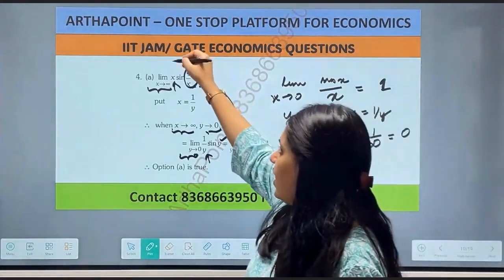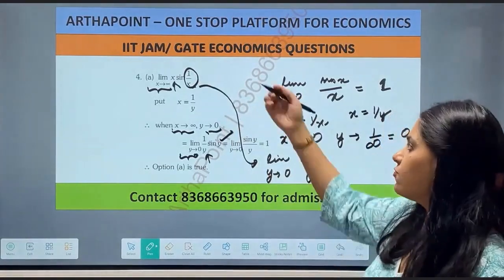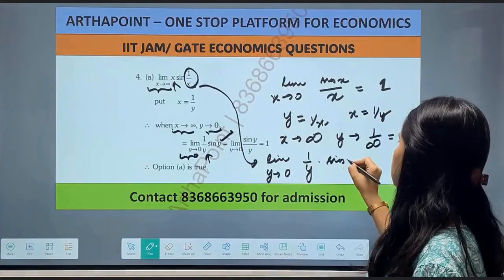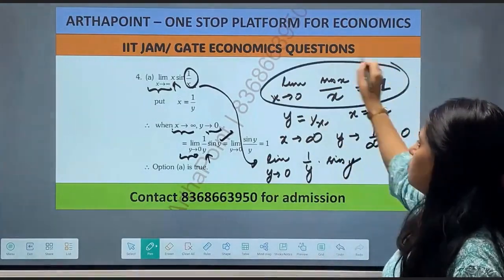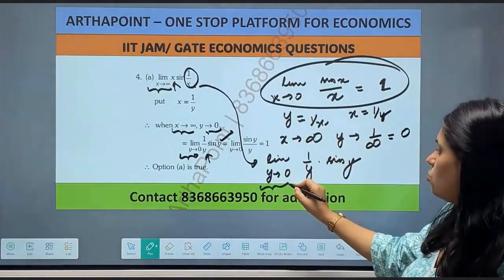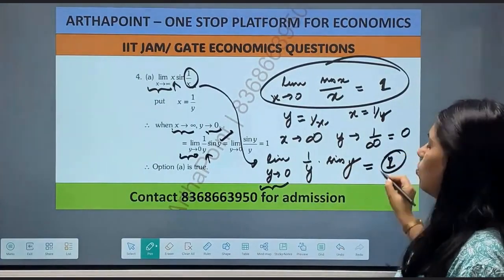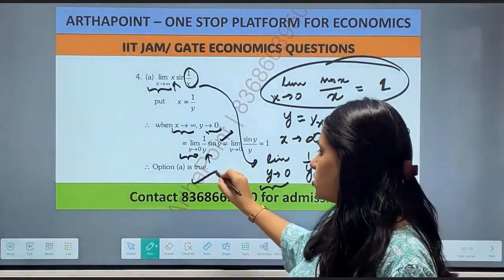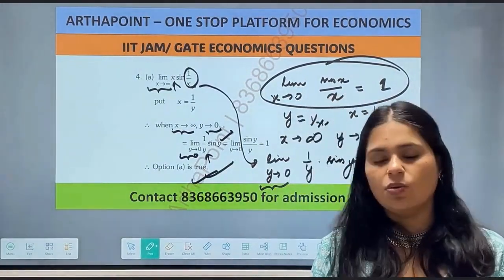So instead of x, I just go ahead and write 1 by y. And instead of 1 by x, I just write y. Now I have got this form, that y is going towards 0 and this is sin y by y. So this should simply be 1. So the correct answer to this is 1.